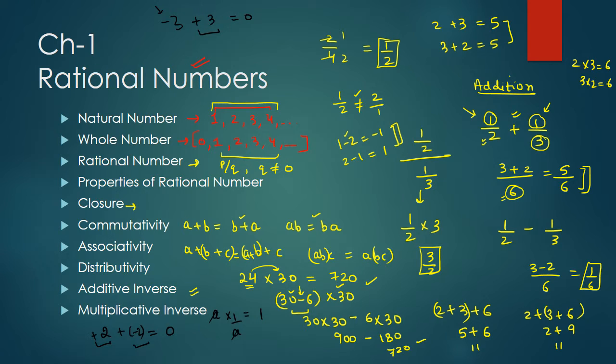A gets cancelled with A. So this is how you get multiplicative inverse. So if a question is asked, what is the multiplicative inverse of 2 by 3? It will be 3 by 2, because by multiplying these two, you will get 1. Okay, I'm hoping that properties are very clear to you. Let's move on to the next topic.